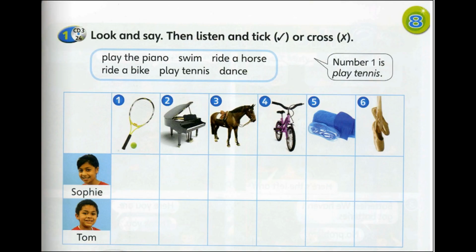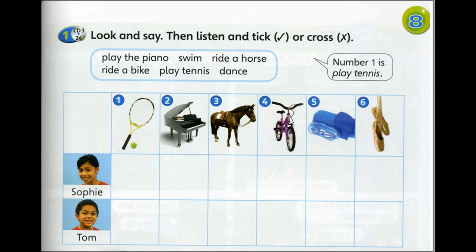Student's Book, page 97. 1. Look and say. Then listen and tick or cross. Hello, Sophie. Can I ask you some questions? Yes, you can. Can you play tennis? No, I can't.